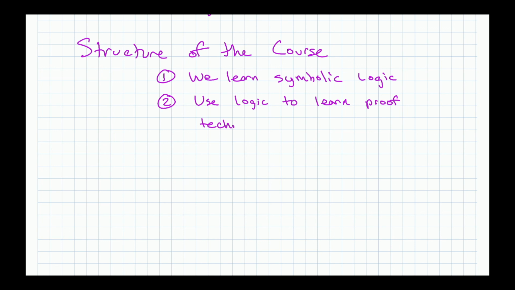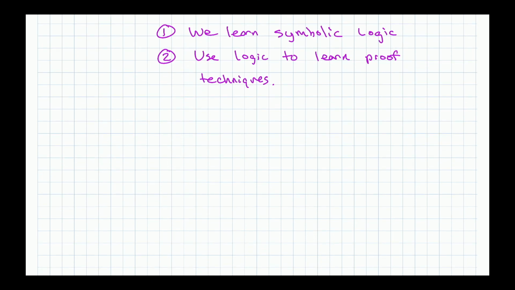Okay, now, once we can prove things, then we can actually go and learn about different types of mathematical objects. And we're going to, let's see, go through different chapters in the book, learning about different types of objects.